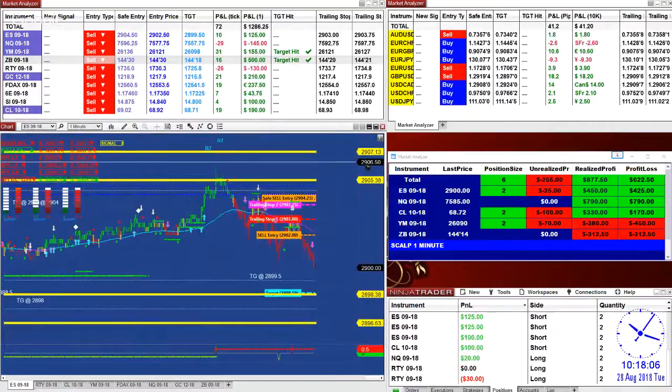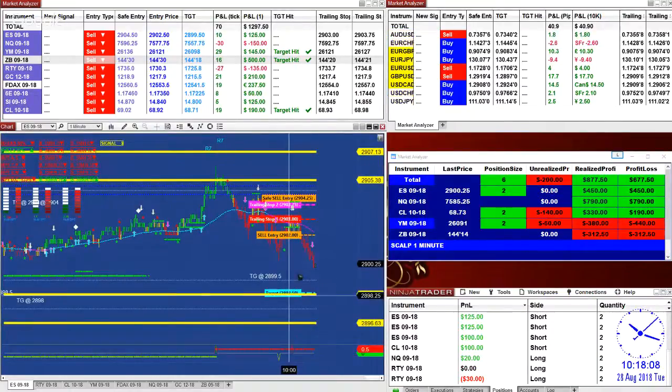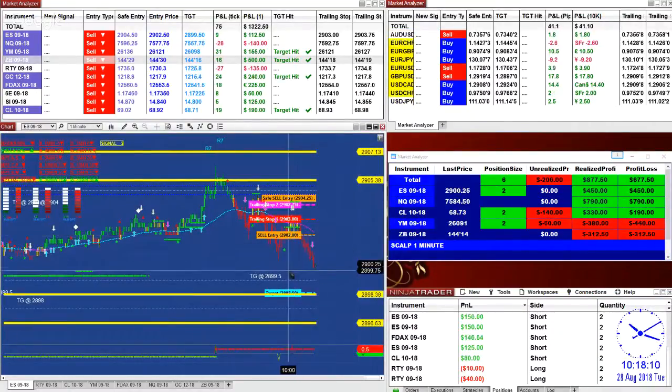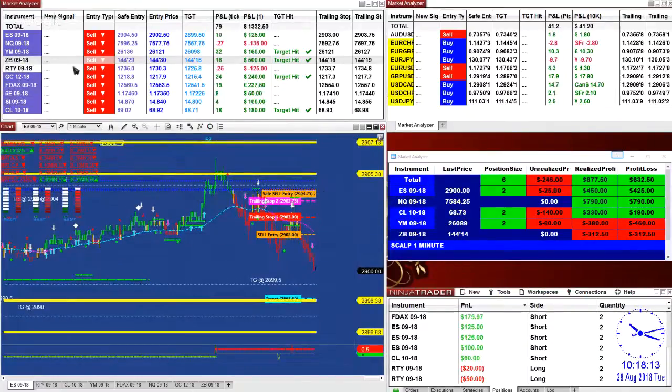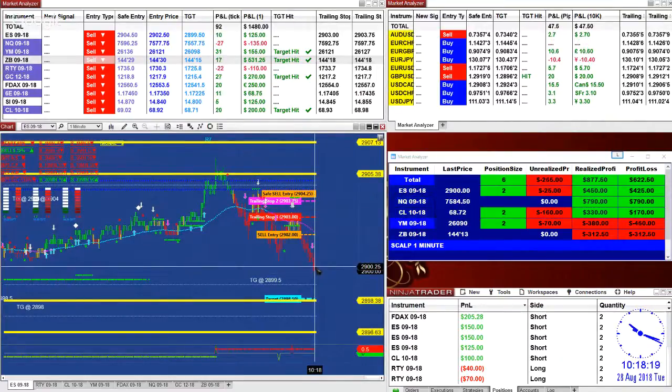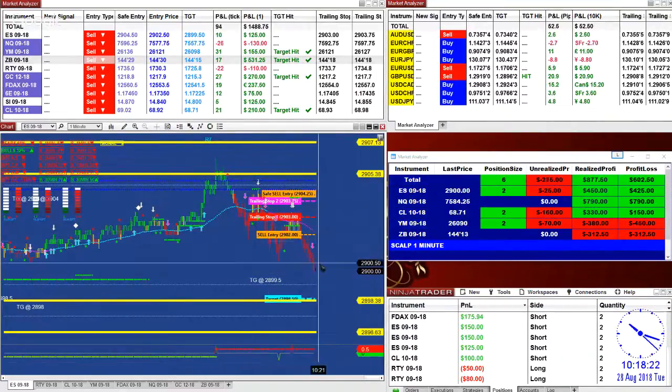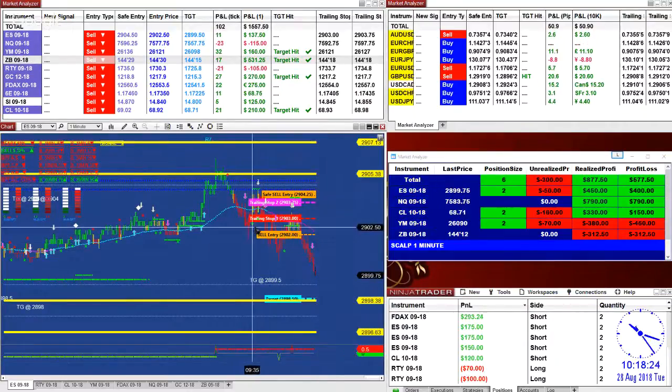I don't like the entry on the ES, because right now we have a chop, and don't look at this bar right now. The ES has been trying to go down for over half an hour and it fell.